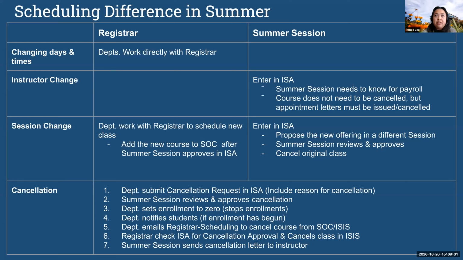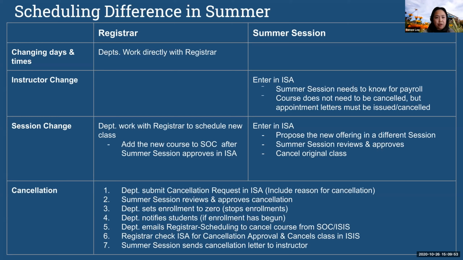And then if you do need to change a session, so if an instructor says, I can't do session 1, now I'm switching to session 2, for whatever reason, you'll first want to make sure that it's entered into the ISA. You're actually going to be canceling the course in that one session and putting it into a new one.